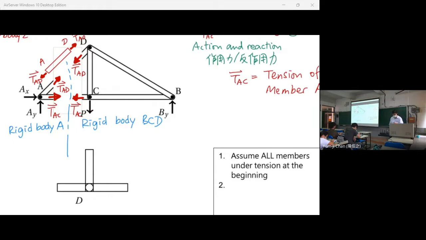For the rigid body on the left, we have summation Fx equal to 0 and summation Fy equal to 0. And on the right, we have summation Fx equal to 0, summation Fy equal to 0, and summation M equal to 0. Because rigid body BCD can rotate, but rigid body A cannot rotate.